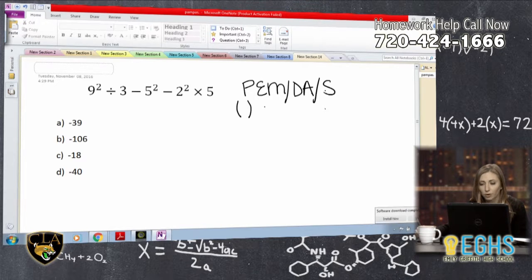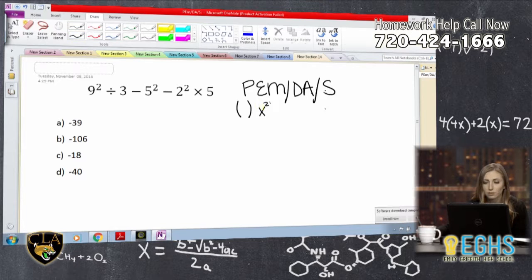E stands for exponents. Exponents are the same thing as powers. We do actually have a few of those there. M stands for multiplication. D stands for division. Now, it should be noted that these two should be done left to right. So if we see a division before we see a multiplication, they would always come left to right.